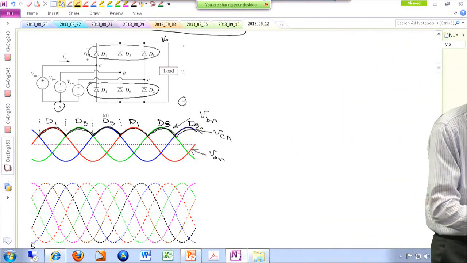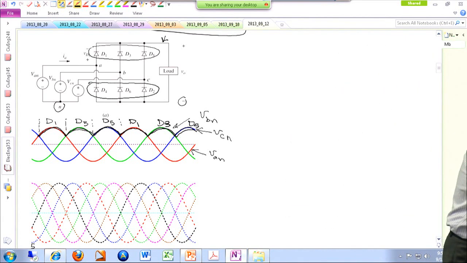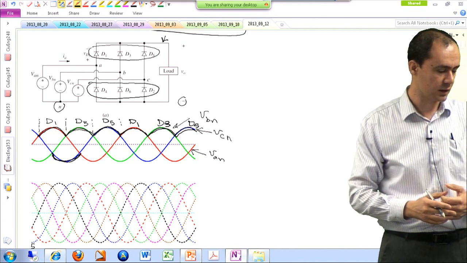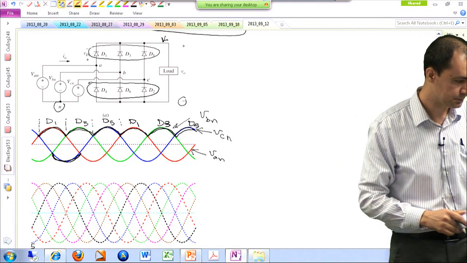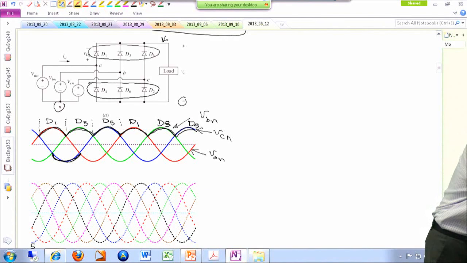So we have to look at the negative side. For instance, in this time interval, you can observe that VCN is the most negative one, right? So which diode is connected to VCN? That's diode number 2. So D2 is going to be on.